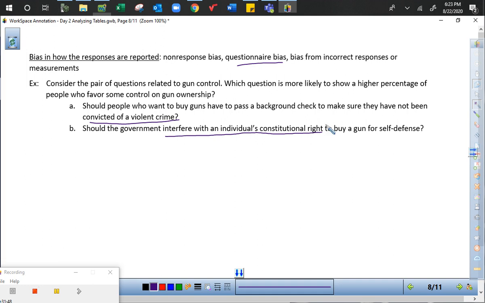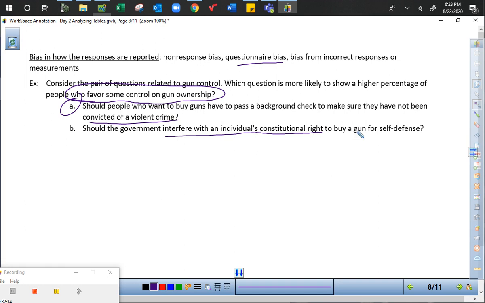So our job is to decide which question is more likely to show a higher percentage of people who favor gun control. So which one's going to make people want to put some control on gun ownership? Well, that's probably the one that is saying that gun owners can't be those convicted of violent crimes, because this one is supporting people's right to have guns. So they can be worded in two different ways.